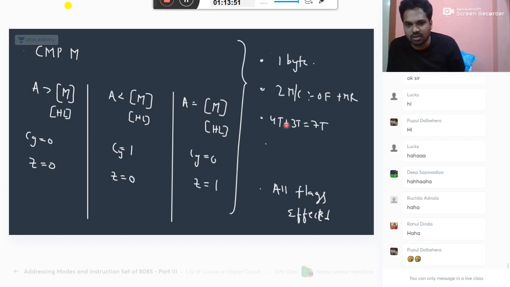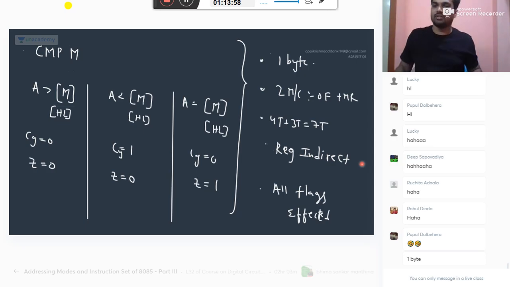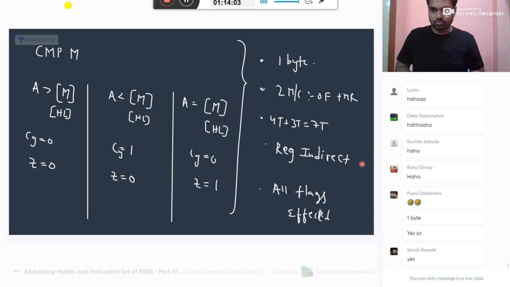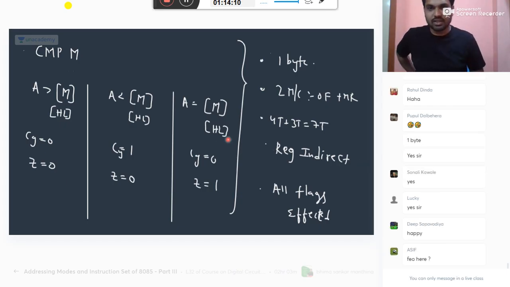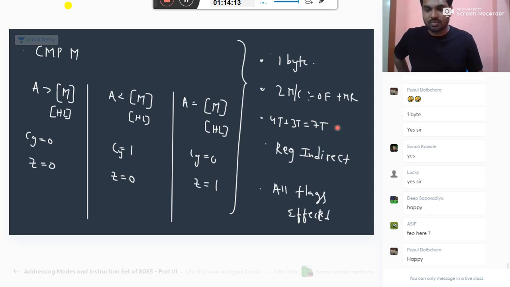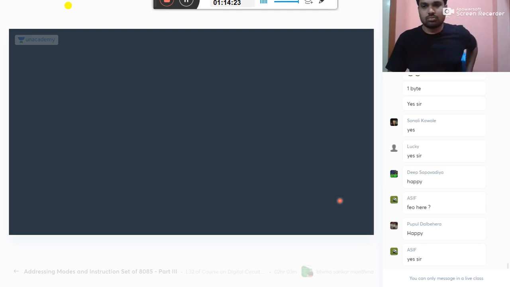Next. I didn't say that, the manufacturer said that. Flags affected means, without flags, how will you say whether compare is done or not? The operation itself purely depends on compare. Is it clear? In most arithmetic and logical operations flags will be affected.